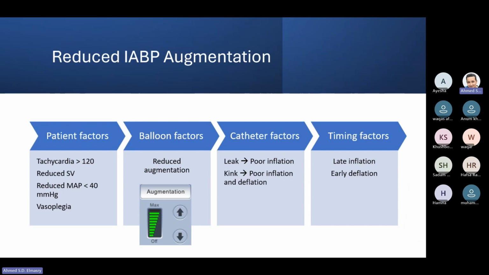The more beneficial is to wean the augmentation percentage by 10%, then assess the hemodynamics, then another 10%, until you reach 70%. It's more physiologic for the patient, and you are also not exposed to the risk of balloon thrombosis, as when you keep the balloon at 1:3 for a longer duration.